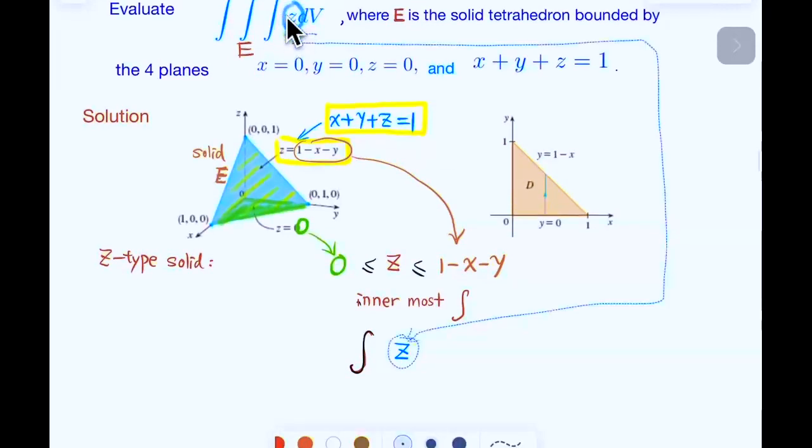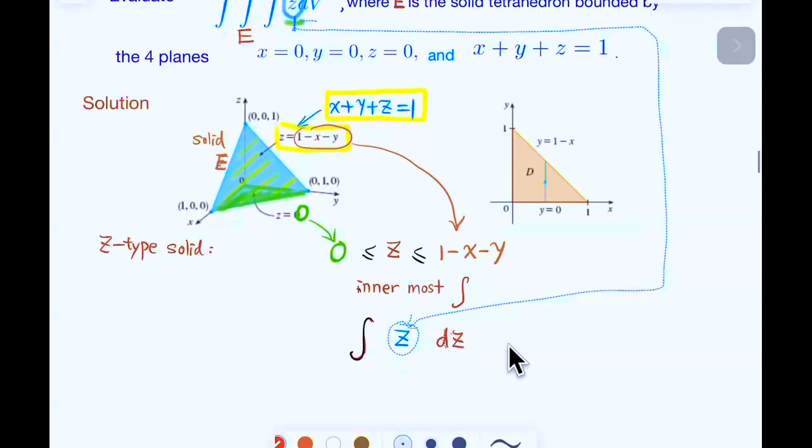So put z there, and then we do dz. z goes from 0 to 1 minus x minus y. So you got the innermost integral here first. That's good.